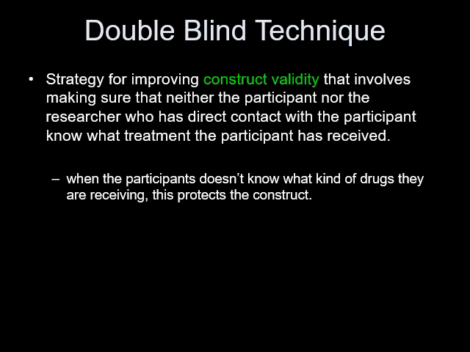This is a strategy for improving validity, construct validity specifically, that involves making sure that neither the participant nor the researcher who has direct contact with the participant knows which treatment the participant received. That's why it's called double blind.